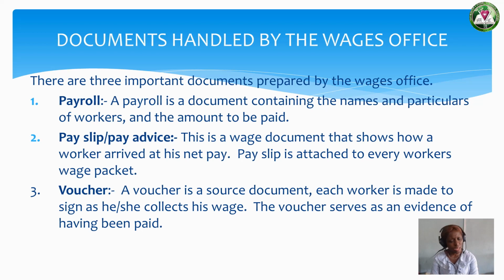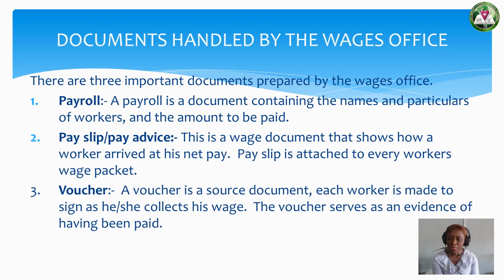Then the last one, which is also important, is the voucher. A voucher is a source document each worker is made to sign as he or she collects his wage. This voucher serves as evidence of having been paid.